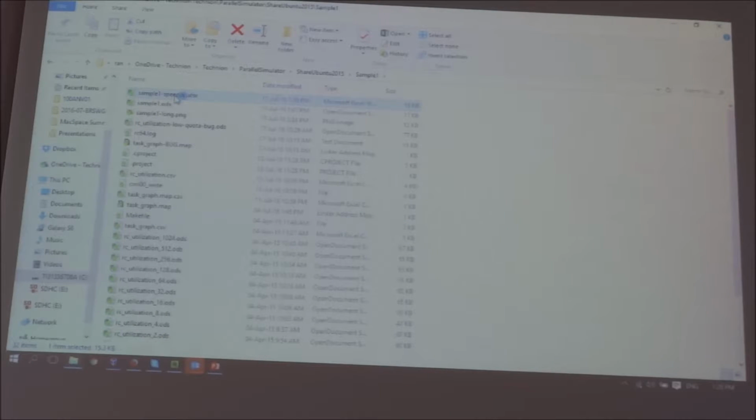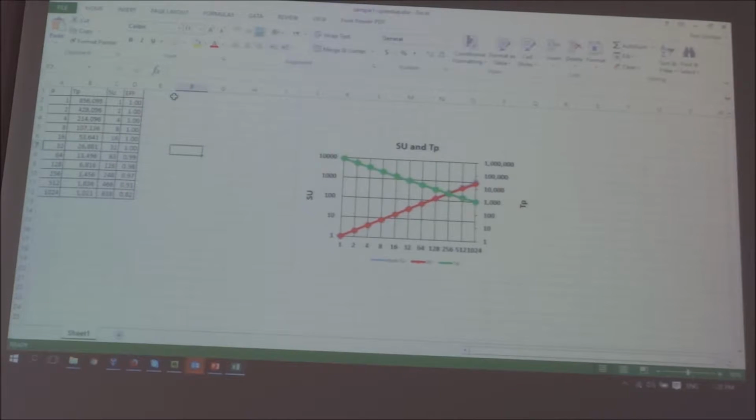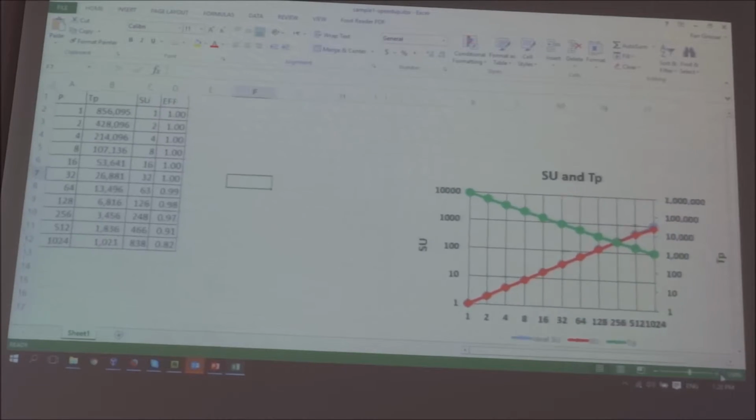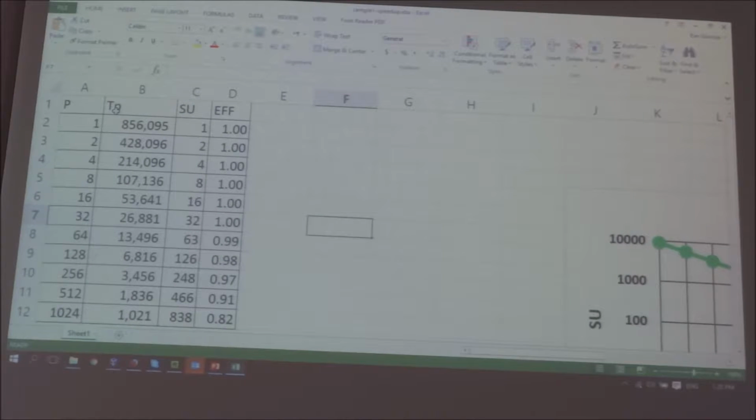Speed up. This is my Excel where I generated this. So I only entered these numbers. You see, this is the number I got for the whole thing and so on. And I went all the way through to 1024.